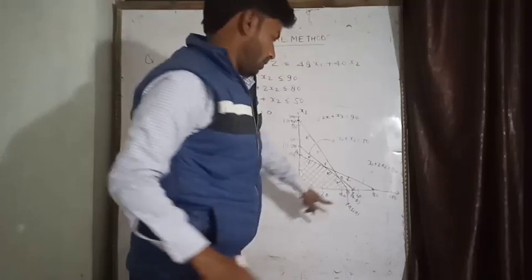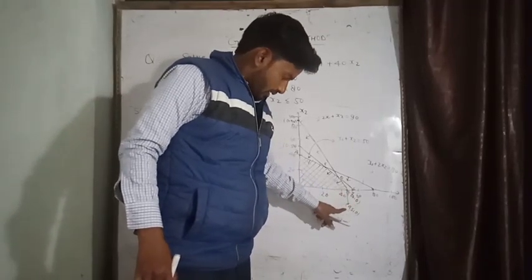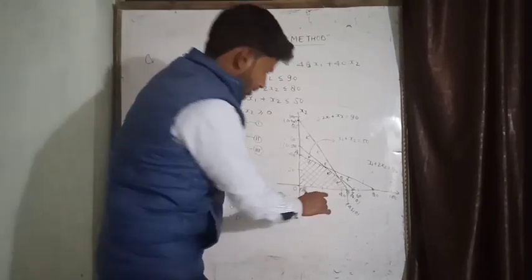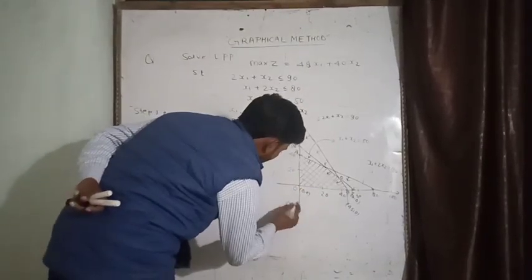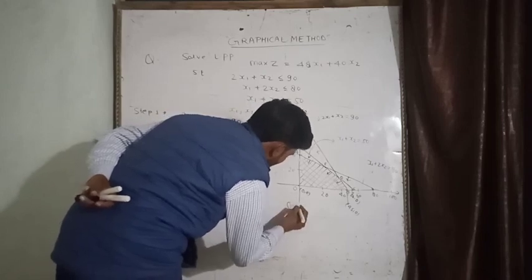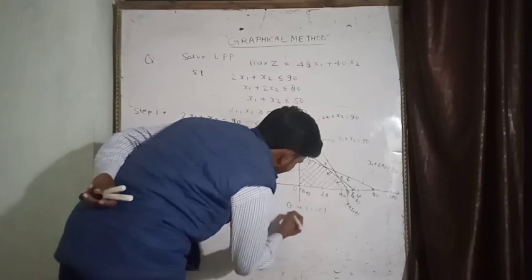So not to be confused, because this is 50, 0 and this is 45, 0. So here we have the points. O is 0, 0.